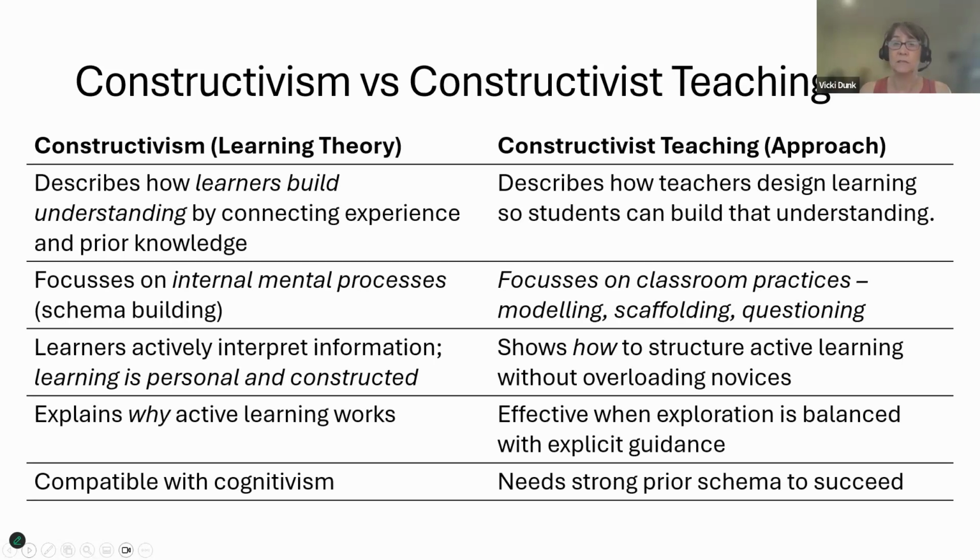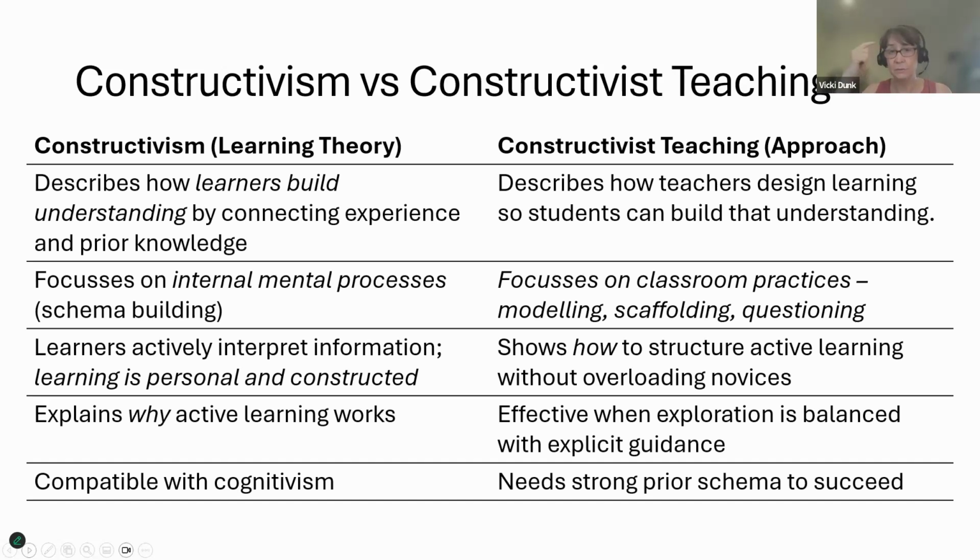If we look at constructivism, the theory, it's describing how learners build understanding by connecting experiences and making schema. And it focuses on that internal process that the students are doing when they're thinking about stuff.